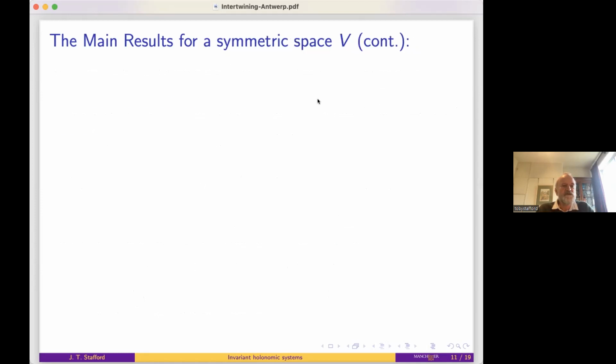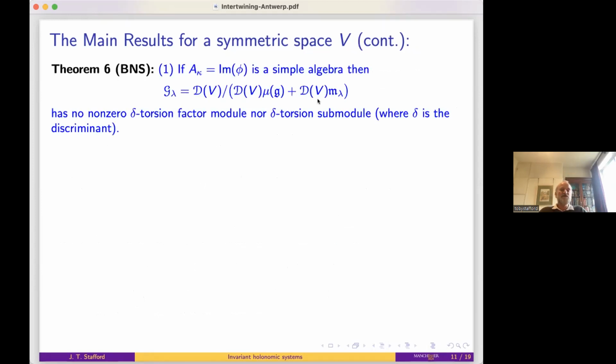So with that notation in mind, we can say, well, what happens to our G lambda? So again, I'm going to assume always, or almost always, that A kappa is a simple algebra. And then I look at my Harish-Chandra module. Remember, that's the left ideal. I take D of V and I factor out the left ideal generated by the image of the Lie algebra and this maximal ideal from Sym V G-invariants. And the theorem simply states that it has no non-zero delta torsion factor module.